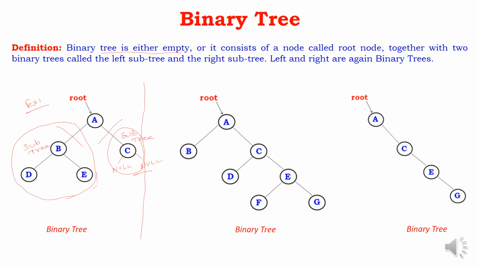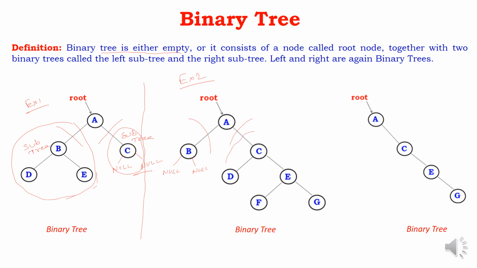See example 2. A is the root node, A has a left subtree and A has a right subtree. On the left side there is only one node. Say it is the root of the left subtree. Left of B is null, right of B is null. So it forms a binary tree.